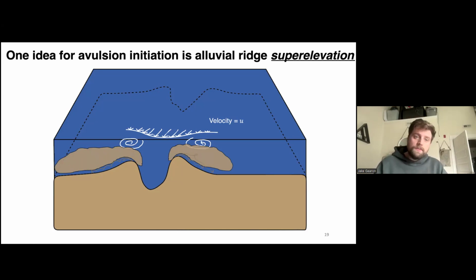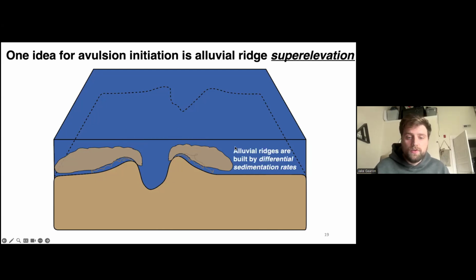But of course, because velocity is decreasing as you move into the floodplain, the sediment carrying capacity of the flow itself also drops. And so you get this decay signature of the sediment carrying capacity in the form of a levee or alluvial ridge, which is what I'm going to call it, which is this raised area next to the channel.